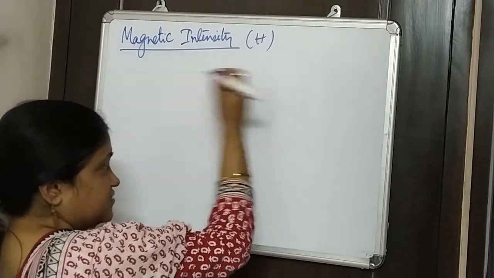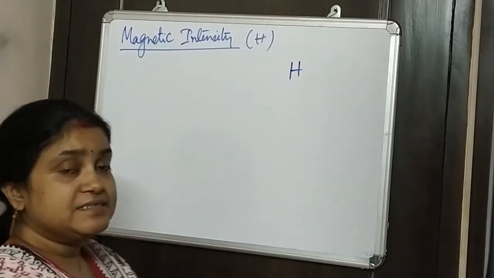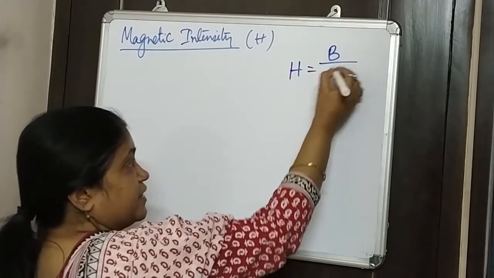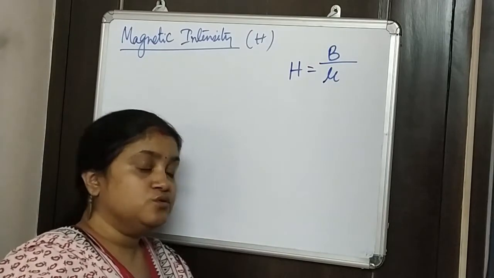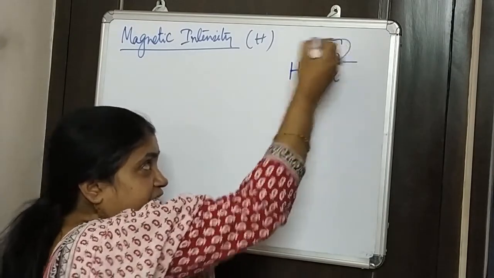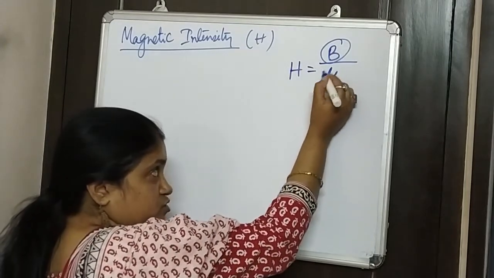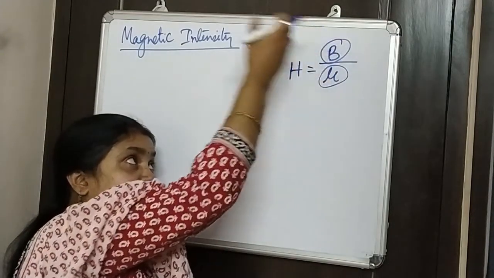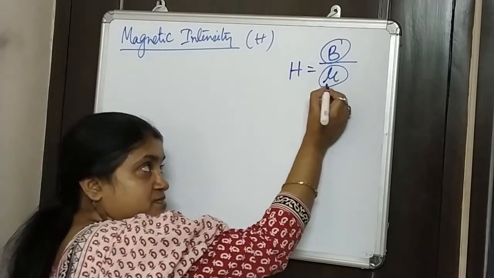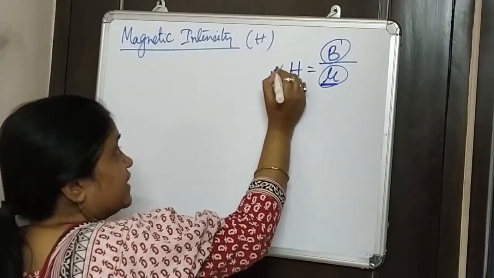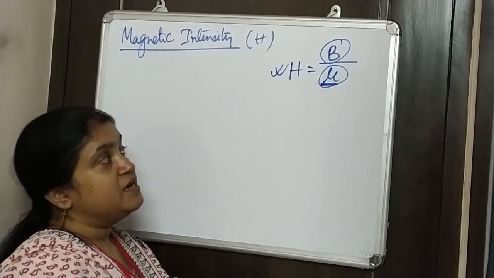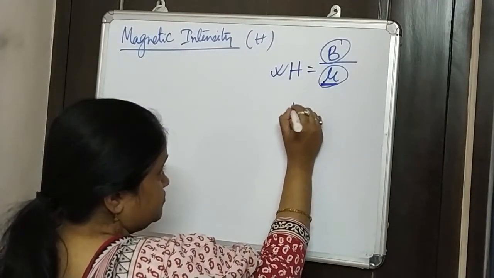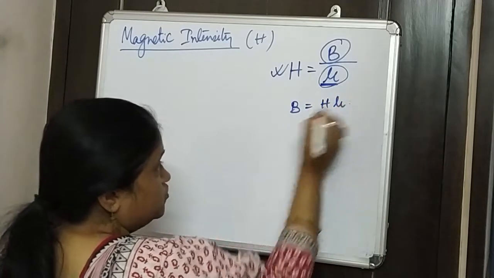As a formula, the magnetic intensity H is given by the magnetic field B divided by the permeability of that material mu, or you can write B is H into mu.